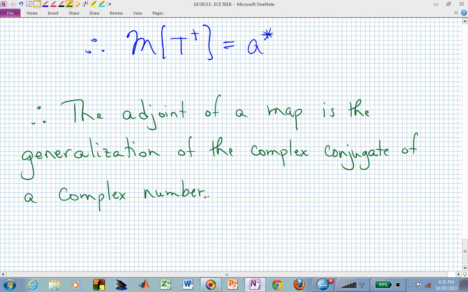Meaning if we start with a complex number and take its complex conjugate, that's the same as starting with a linear map and finding its adjoint. That's sort of the concept or the idea.